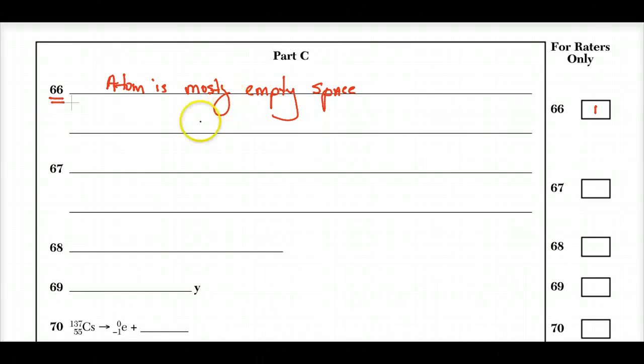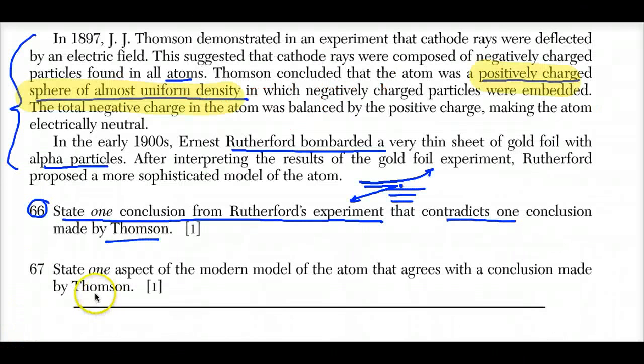Yeah, okay. Number 67. Now, of course, you could say this other different ways. An atom has a nucleus that's positively charged, and negatively charged particles are outside the positive nucleus, but you should really be hitting this nail on the head here. Number 67: State one aspect of the modern model of the atom that agrees with the conclusion made by Thomson.